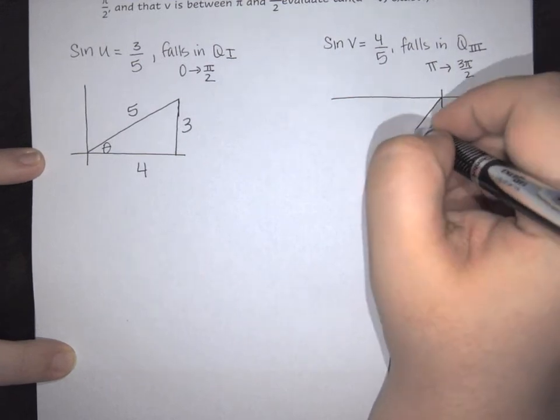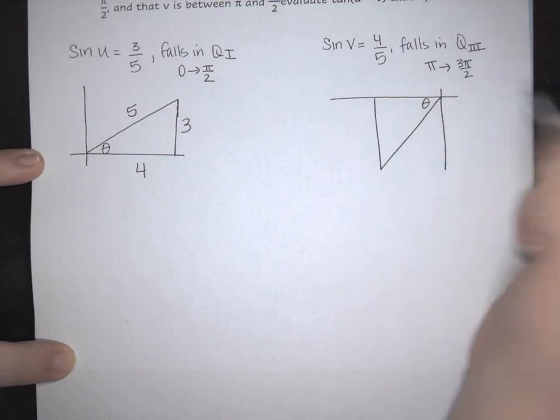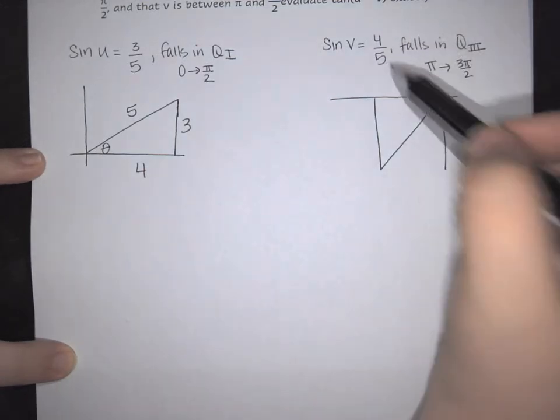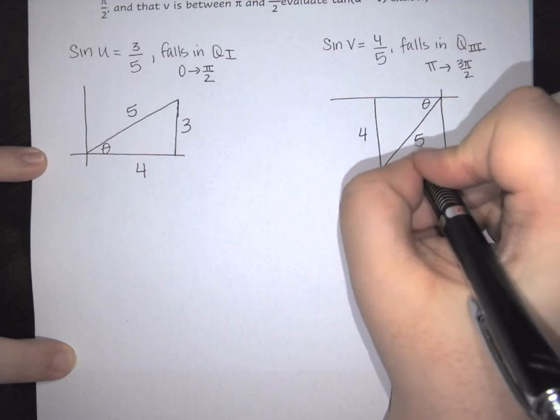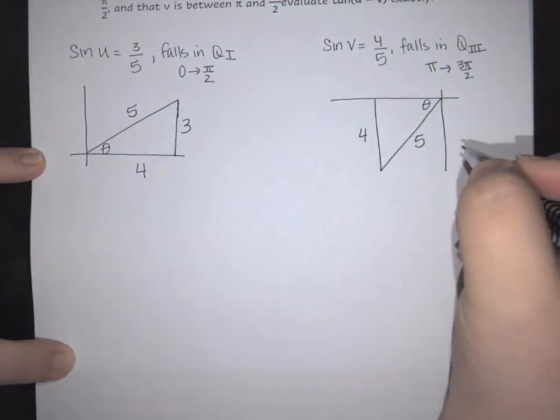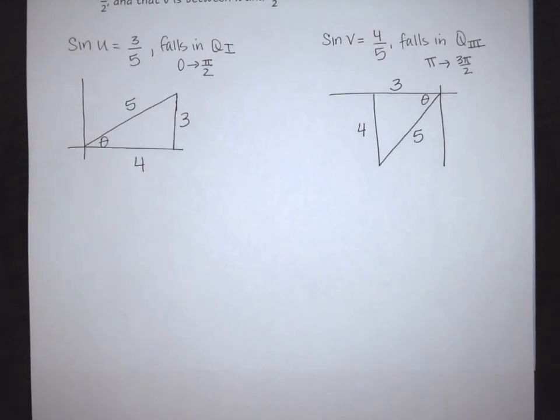We could input our triangle in. Here is your angle, and we're told that it's 4/5. So again, this is opposite, which is 4, over hypotenuse, which is 5. Lucky for us, this is still that same 3, 4, 5 triangle, so we can put in that missing side. But again, if you didn't know it, you would use the Pythagorean theorem to find it.